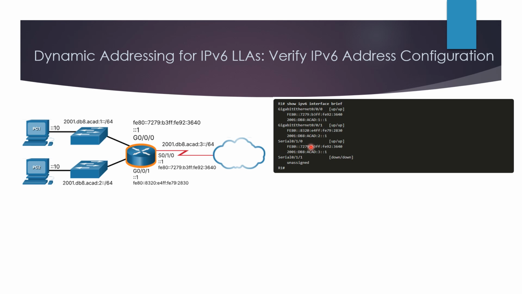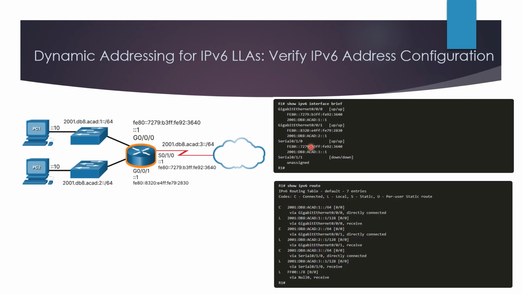By using the show ipv6 route, we will be able to verify the IPv6 networks and the specific IPv6 interface addresses that have been installed in the IPv6 routing table. This command will only display IPv6 networks and not IPv4 networks.